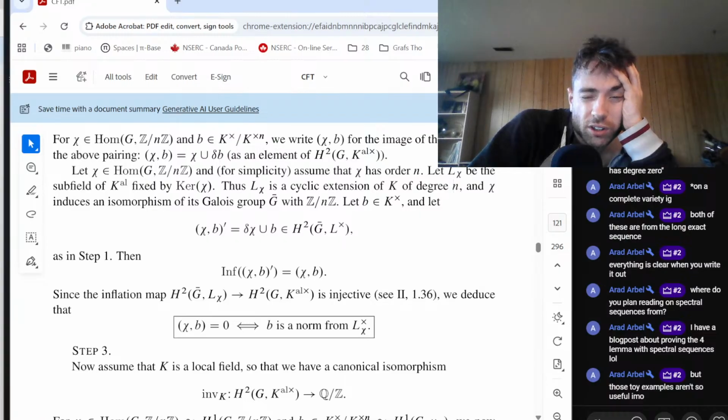This should be a cyclic extension, and chi induces an isomorphism of its Galois group. Is that true? Sure. Right. Because I guess I'm modding out by the kernel. Sure. Okay. Is it clear that it's surjective?